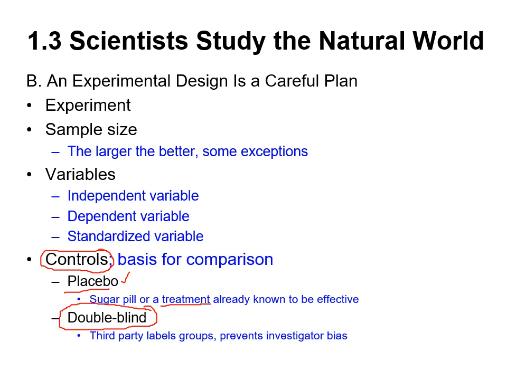The other thing I want to mention on this slide is that when you set up your experiment, there are variables to consider as well. Some of the variables are going to be independent, and an independent variable is anything that you as a researcher get to decide. So you get to decide what disease you're going to study. You get to decide what type of medication you're going to develop.